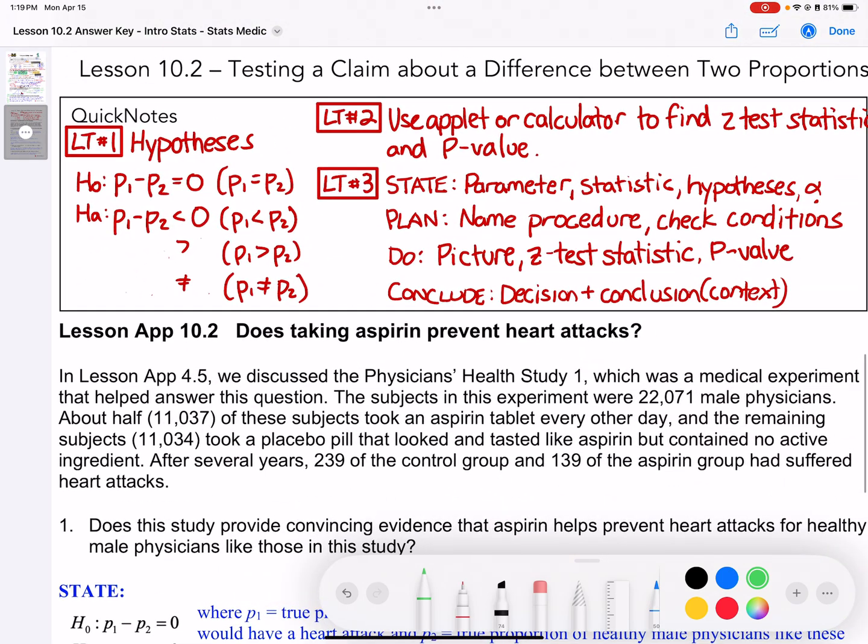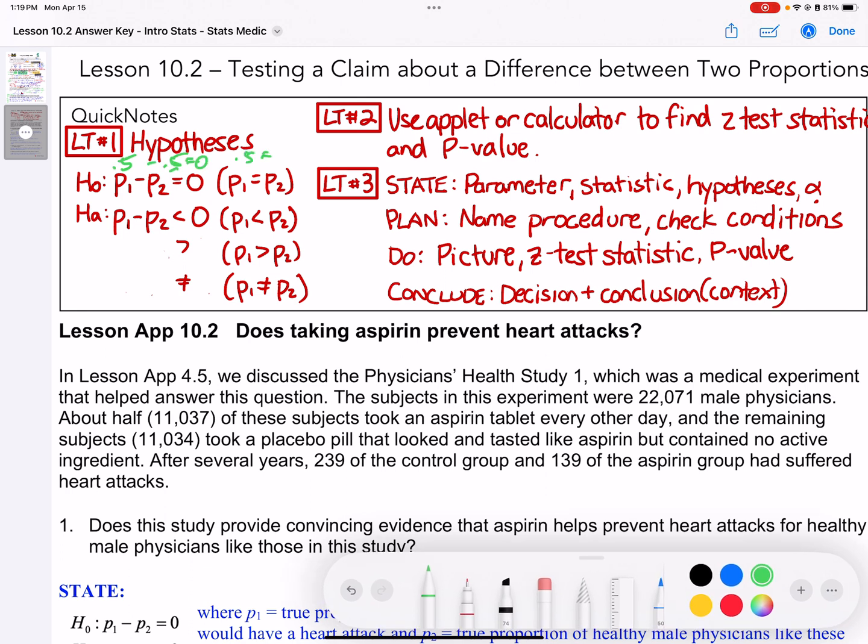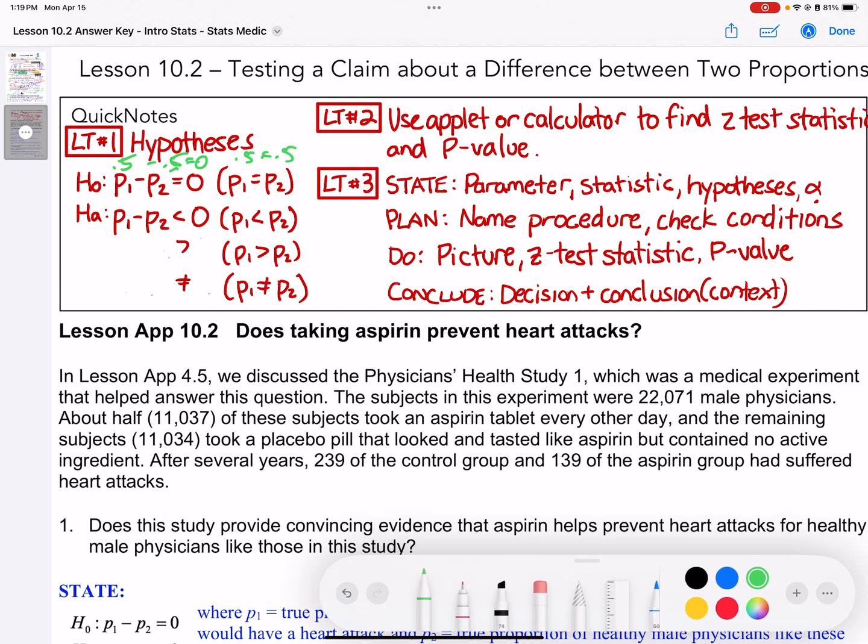your HO for this one is always either P1 minus P2 equals 0 or P1 equals P2. That means the same thing, because let's say that this is 0.5 minus 0.5. Well, that's 0. Or 0.5 equals 0.5. Either way, right? Okay, and you can see that for the alternative hypothesis, these are your choices. You're either going to be less than, greater than, or not equal to.